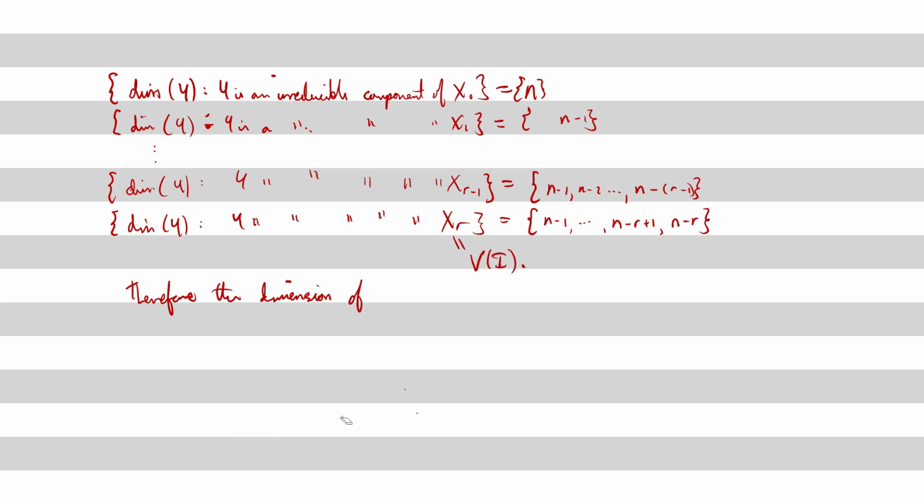Also, the reason why I removed n from here is, you can't add 0 to an, you can add 0 to an ideal, but what is there to generate then? Especially, well, yeah, no, sorry.